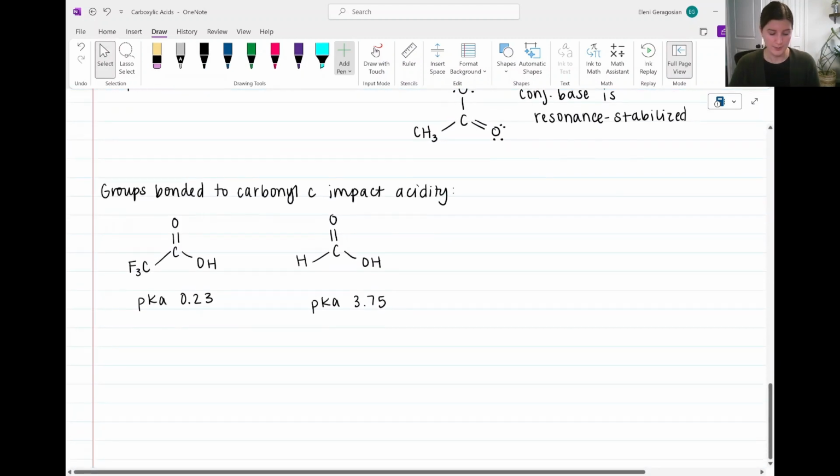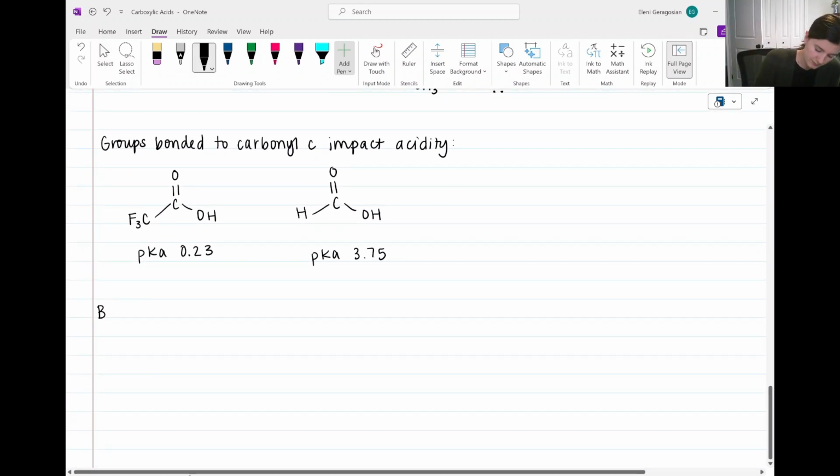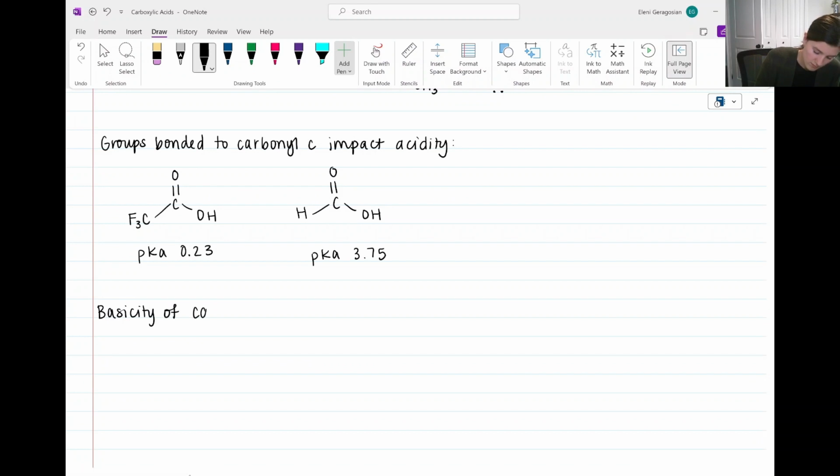Okay, lastly, we'll talk about basicity. So we'll redraw carboxylic acid functional group. Now in this molecule, we have 2 locations where there are atoms with non-bonding electrons.